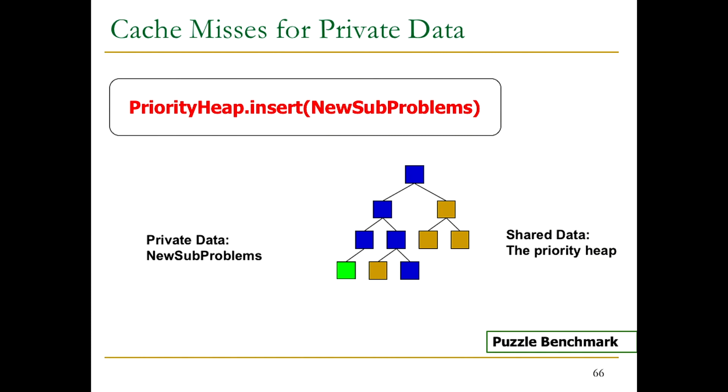The paper has analysis. It depends due to the nature of the problem. In this case, for example, if you're touching a huge heap, probably the shared data that you touch is bigger than the private data. But it also depends on what you're inserting. What if you're inserting many, many nodes at the same time? Then your private data may be a lot also.